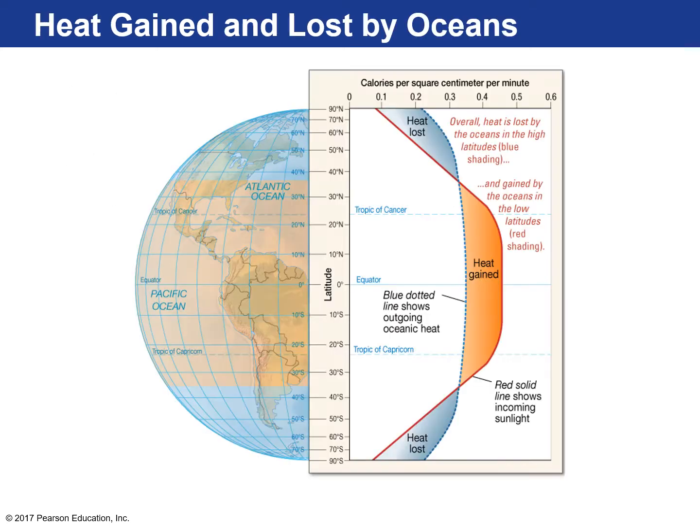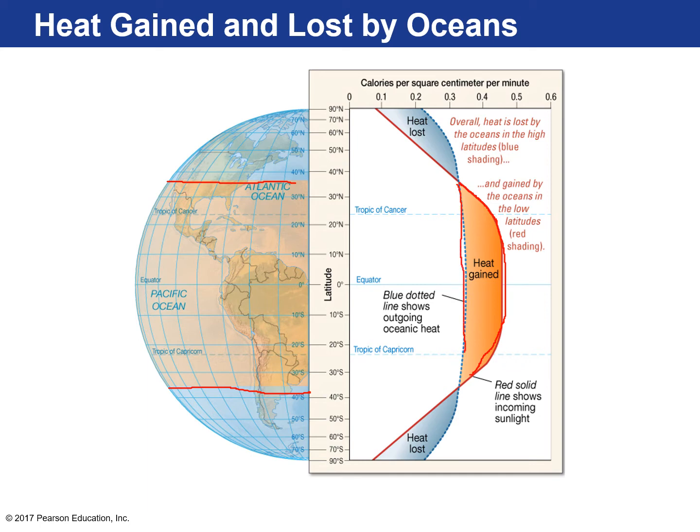Okay, so if we were to look at the heat gained and lost by the oceans in terms of latitude, these areas in orange are areas where the ocean absorbs more heat than it loses as a result of the incoming solar radiation. So here, this would be considered the entire overall heat budget of our Earth.